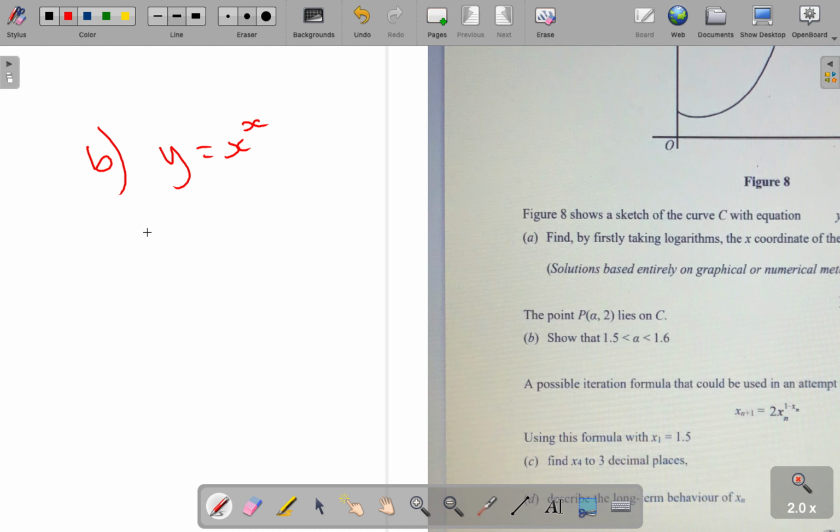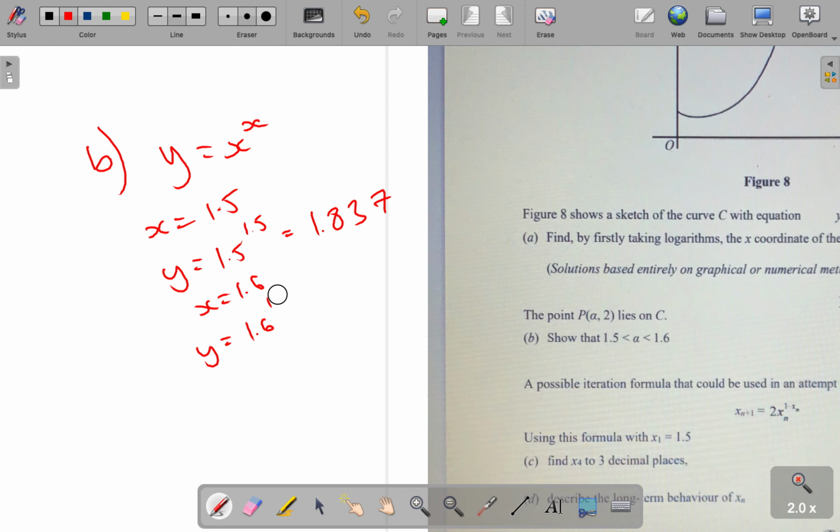So we know that x is equal to 1.5. So y is equal to 1.5 to the power of 1.5, and that gives us a result of 1.837. And then x is 1.6, so y is 1.6 to the power of 1.6, which is equal to 2.121. So that is part B.